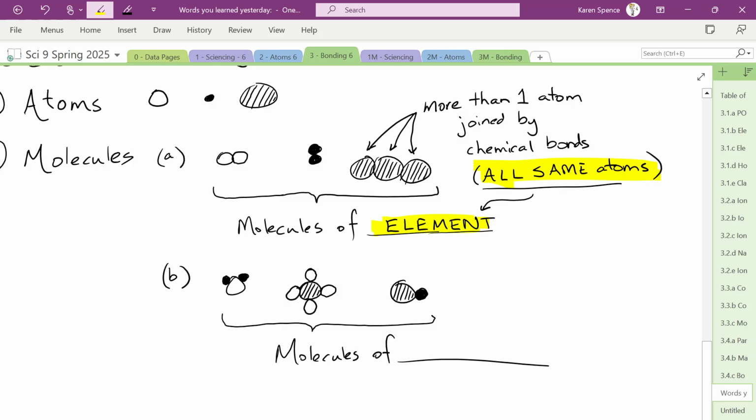Now you'll notice in the second little group, we also have more than one atom. It's joined by a chemical bond.